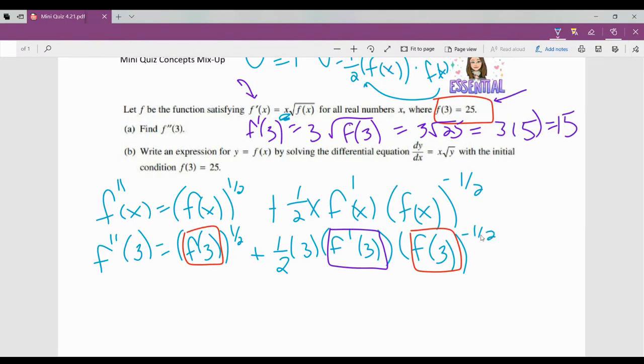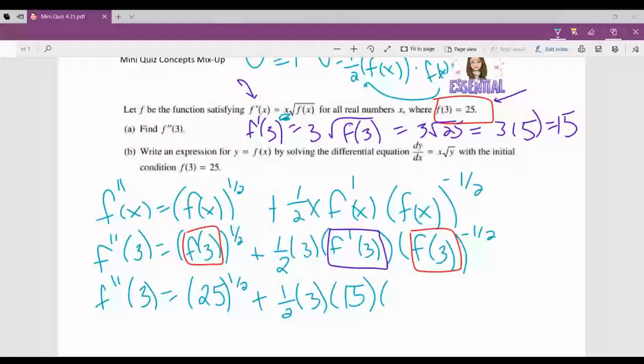All right, so I'm going to just switch back to the color. So we've got f double prime of 3 is equal to 25 to the 1/2 plus 1/2 times 3 times 15 times 25 to the negative 1/2.